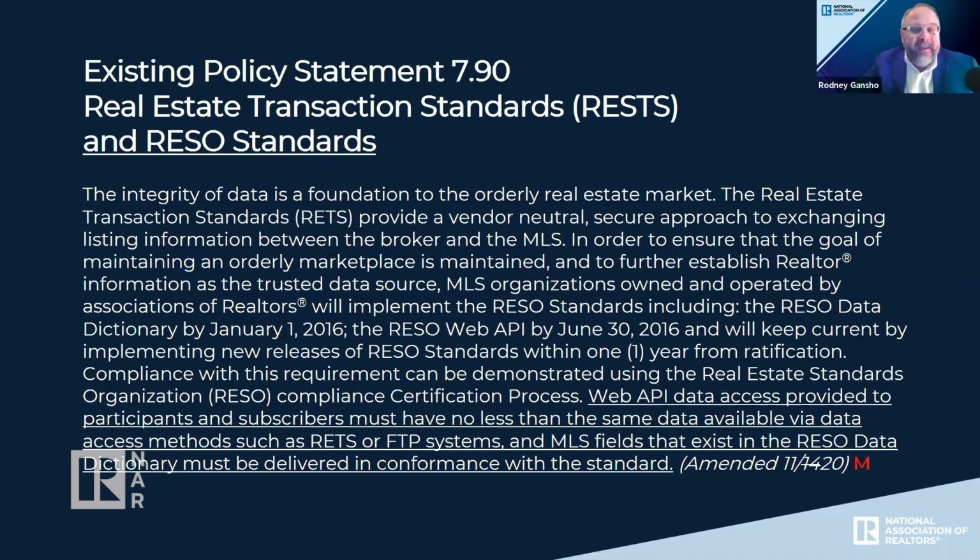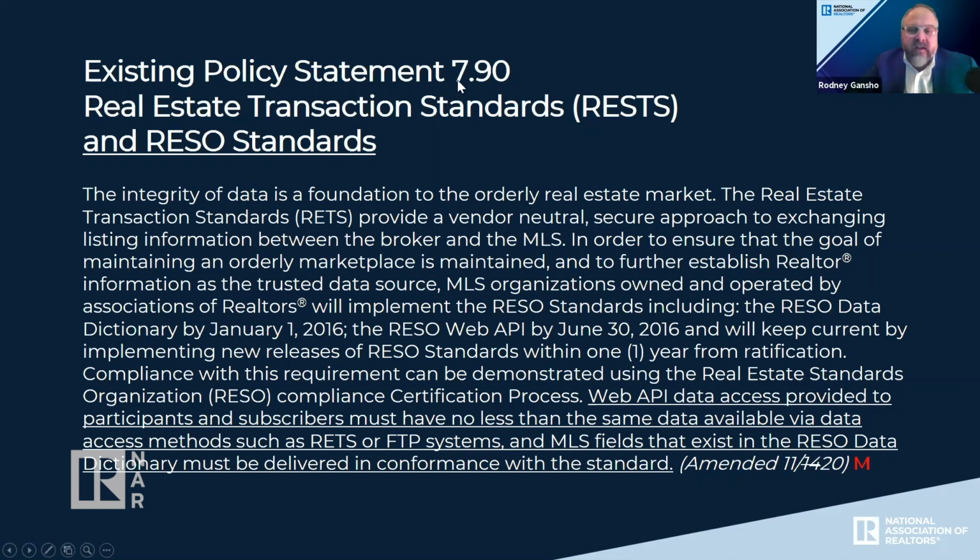It's a slow turn in the industry for us when we talk about switching from existing platforms and distribution of information to where everybody agrees we should be going. One of the concerns here was that while MLSs may be complying with the policy and the different deadlines for data dictionary and in particular web API, there was a disincentive in some MLSs because the web API data feed included substantially less information than other data feeds provided by the multiple listing service, RETS being one, FTP possibly another one.